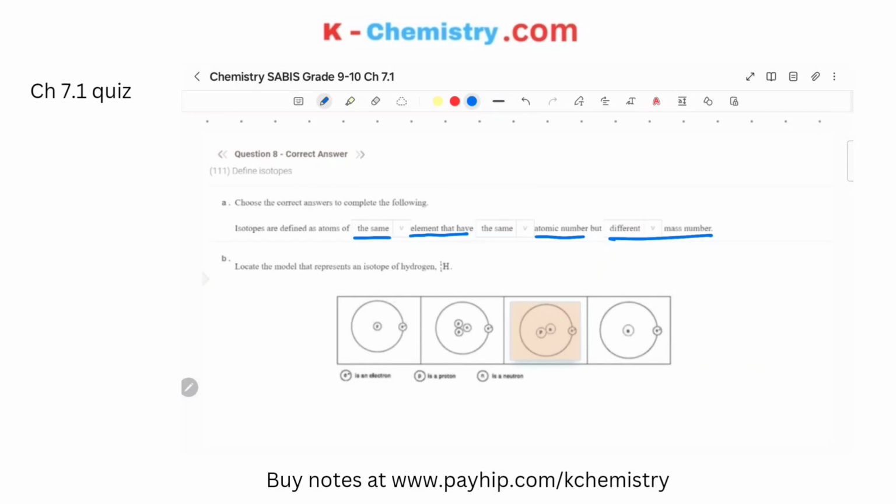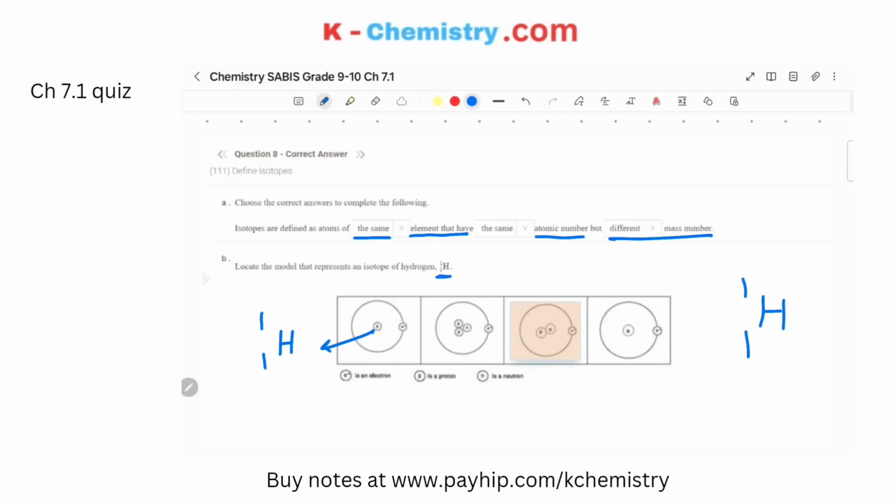Locate the models that represent an isotope of hydrogen H1 and 1. Take care, he is not looking for H1 and 1. Don't make this mistake. This is H1 and 1. This one has 1 proton, and how many neutrons? H1 and 1, 0. So this has 1 proton and 0 neutrons. That's why it has mass number of 1, because 1 minus 1 is equal to 0.